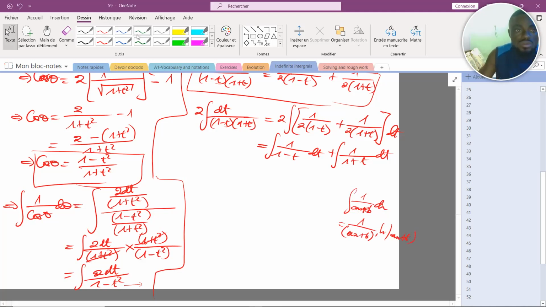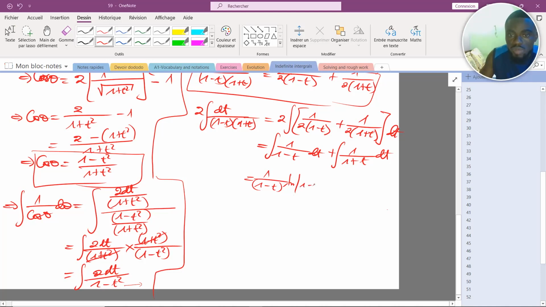Is that okay? So let me wipe this. This will be equals to the integral of this will give 1 all over 1 minus t prime ln of the absolute value of 1 minus t. Is that okay?